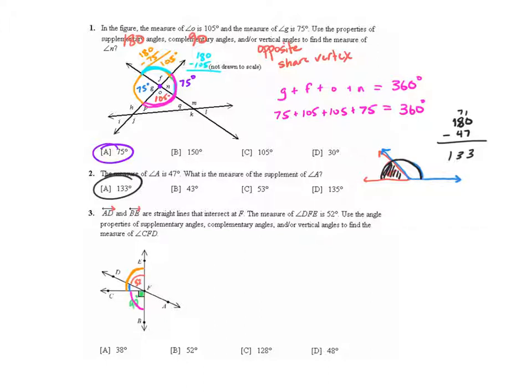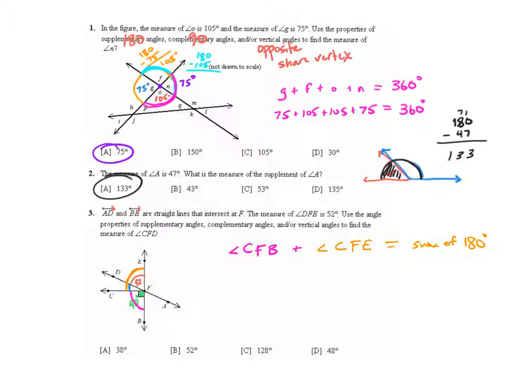So let me write that down. Angle CFB, and I'm going to color code this, plus angle CFE have a sum of 180 degrees because they're supplementary.